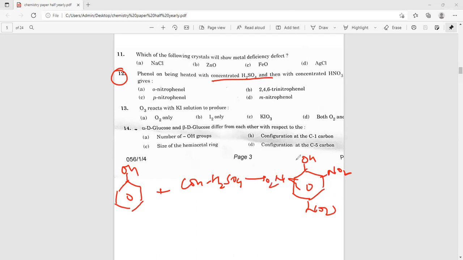If this OH is position one, then 1, 2, 3, 4, 5, and 6. Yes, means 2, 4, and 6. 2, 4, 6 trinitrophenol is the right answer. So B is the right answer.